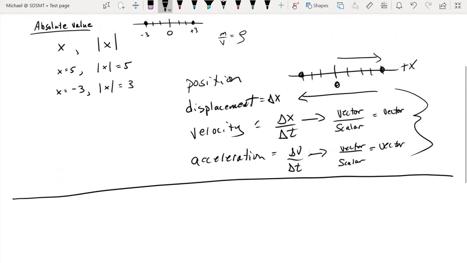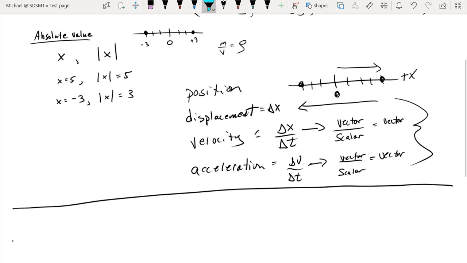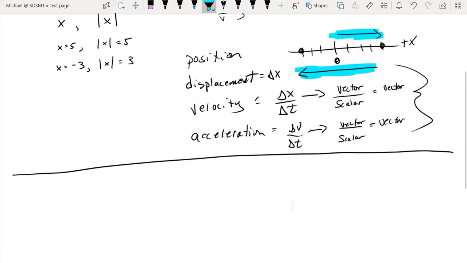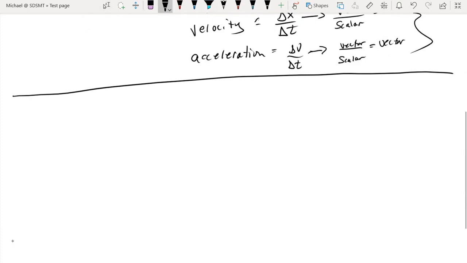Well, as you can see, I was using these arrows to indicate the direction that our measurements needed to be made in. And so for our vectors, we are going to adopt that notation of using arrows. The tip of the arrow will indicate the direction that that vector quantity needs to point in.